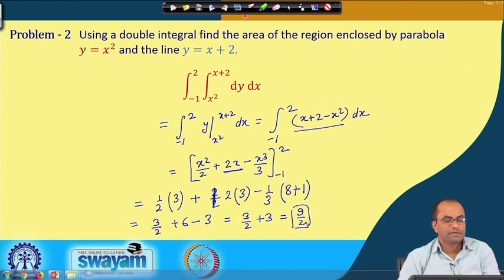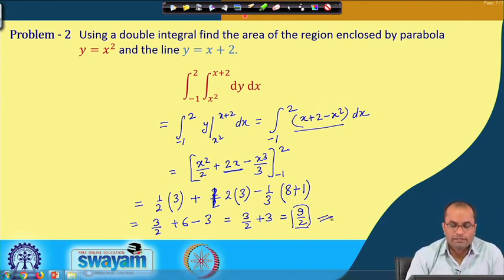So, the area enclosed by these 2 curves is 9 by 2.